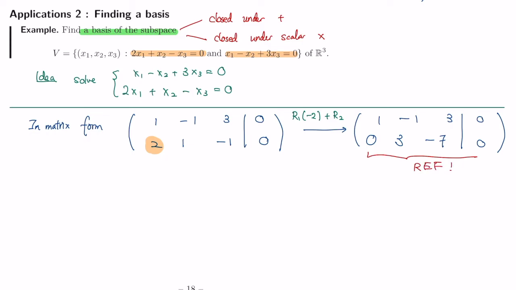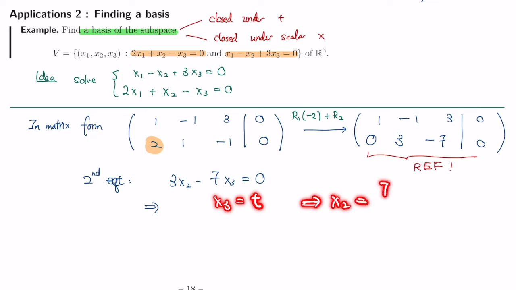And then the second equation says 3x2 minus 7x3 equals 0. So what does that mean? How do I solve this equation? Well, either you can say x3 equals t, then x2 should be 7/3 t. Okay? So this is one possibility. It works, it's true.